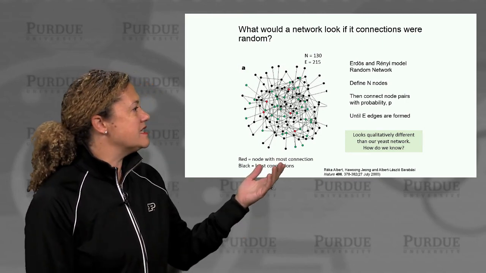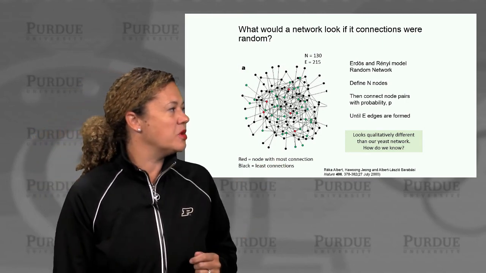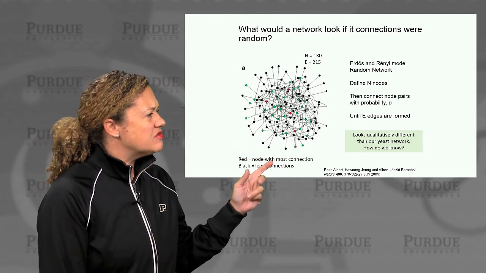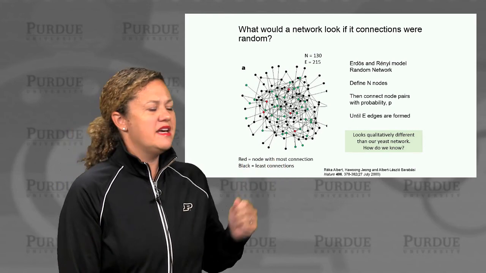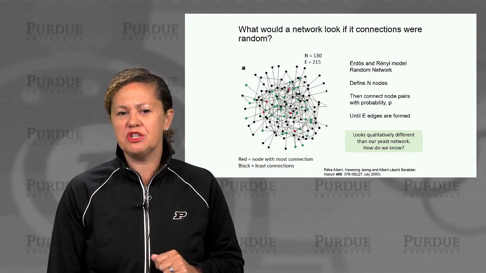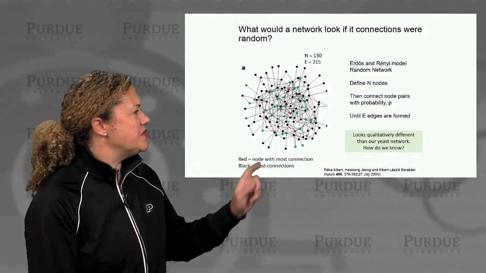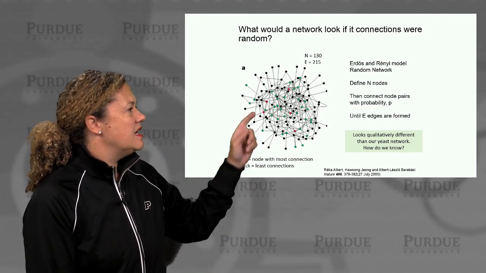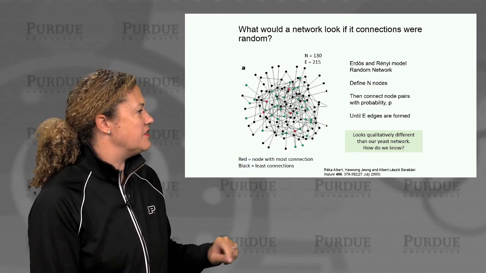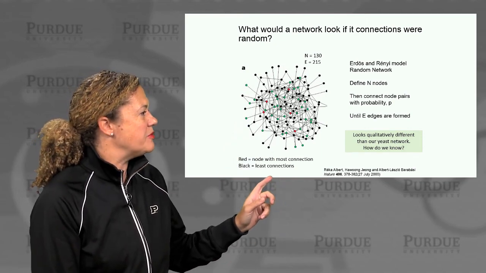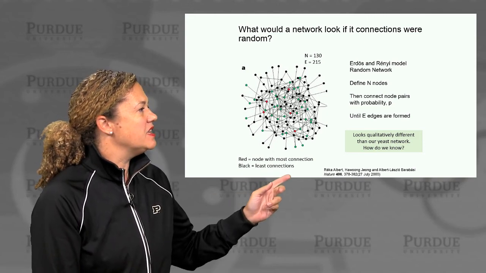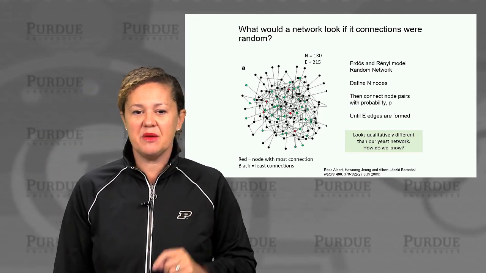When we look at this example of one of these random networks, we can see, again by eye, that this looks qualitatively different than our yeast network that we looked at before. But how do we really know for sure? Just to point out, this network that you're looking at has 130 nodes and 215 interactions. The red nodes represent those with the most connections, and the black nodes are those with the least number of connections. And this will become important in a second.